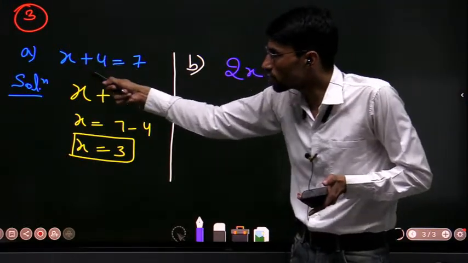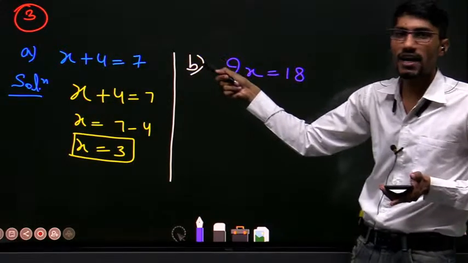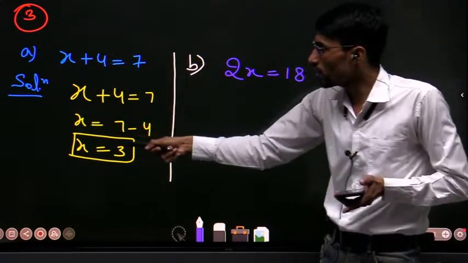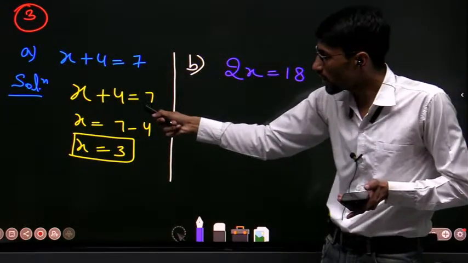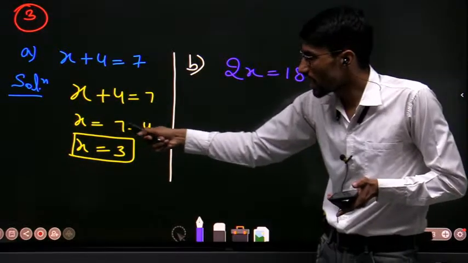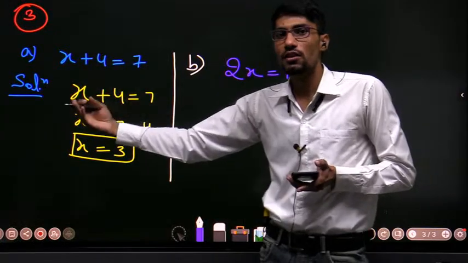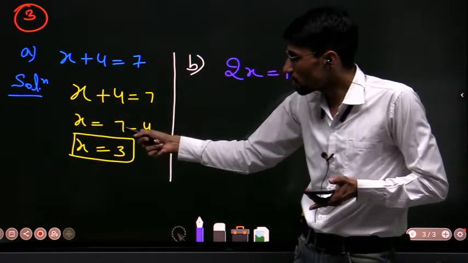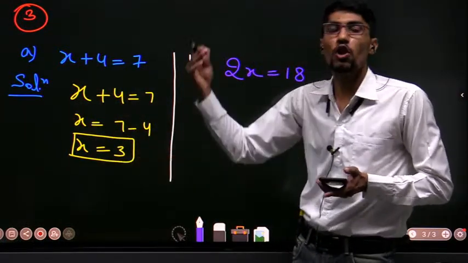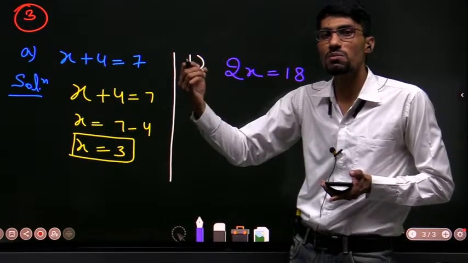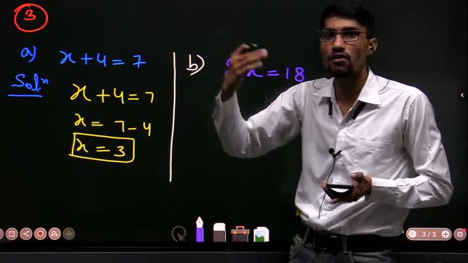So when I send this plus 4 to the right hand side, it becomes minus 4. So on the right hand side I write 7 minus 4, and on the left hand side only x remains. So x equals 7 minus 4, which is 3.